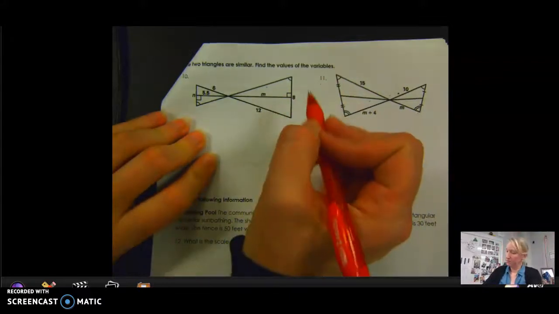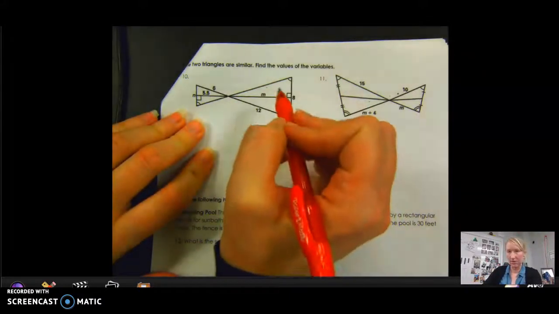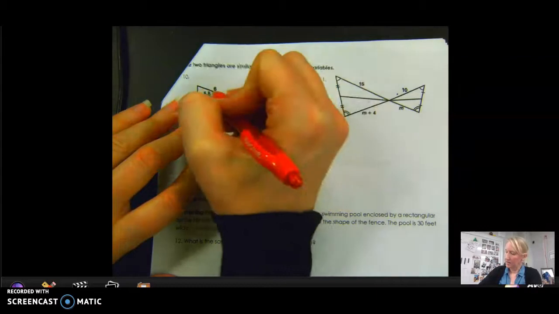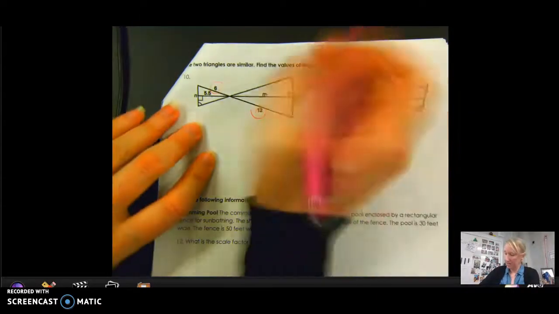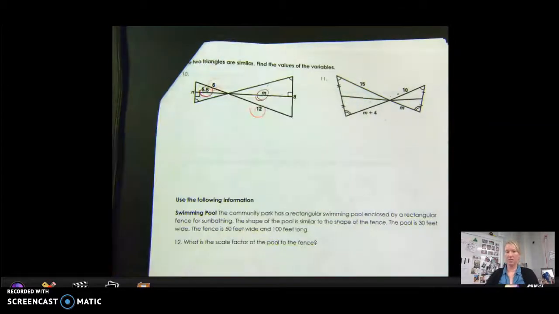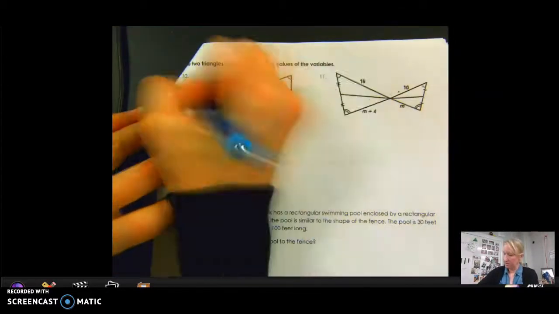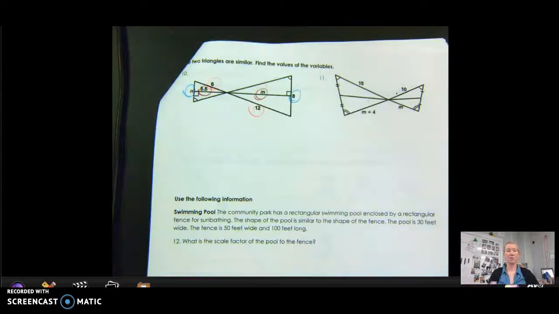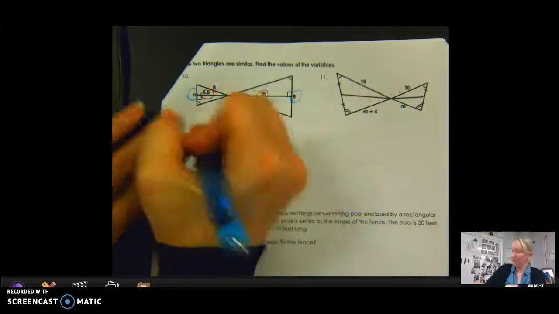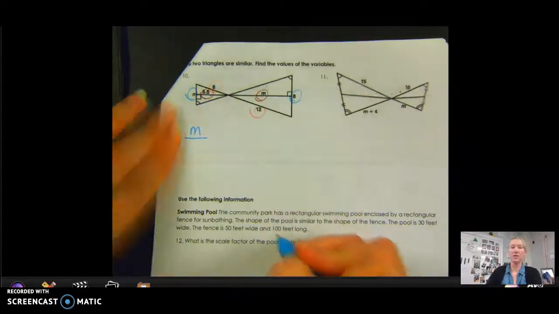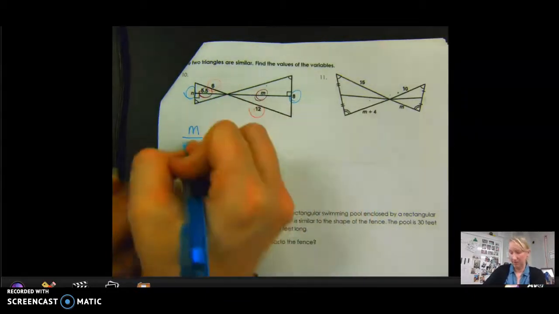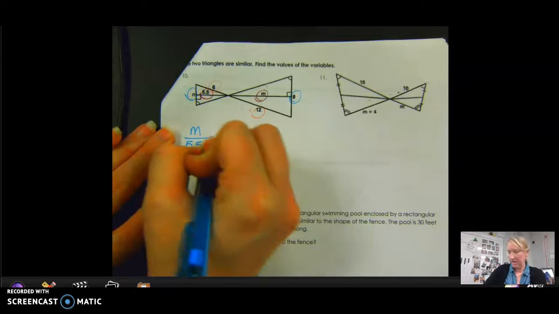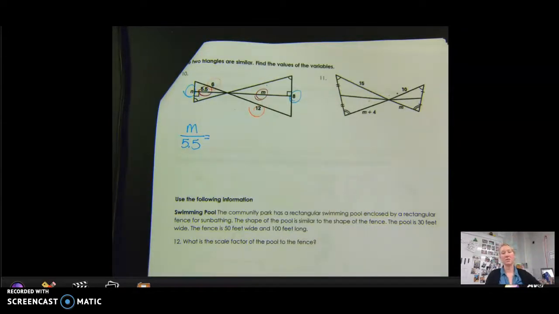So on this one, they are similar. So we already know that they're similar. I know that this guy matches up with this guy, this guy matches up with this guy, and this guy matches up with this guy. I have to solve for m and n. So we're just going to start with m. I'm going to write m over what it matches up with, 5.5, is equal to a ratio that has a number on top and bottom.